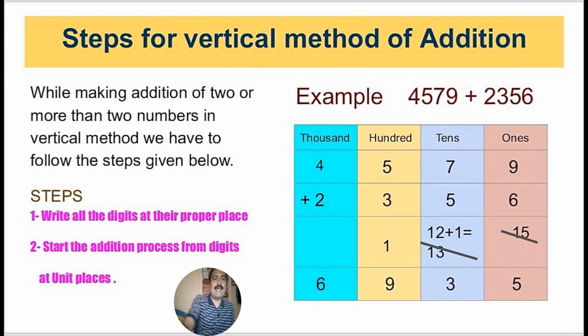This is called the sum of these two numbers. Let's observe this slide carefully to understand the steps of the vertical method of addition. Now let's move to the next slide.